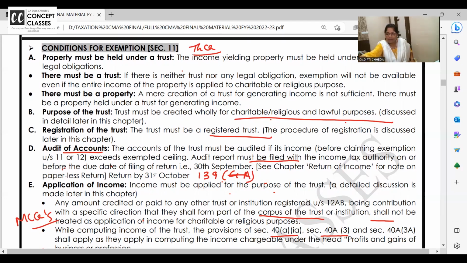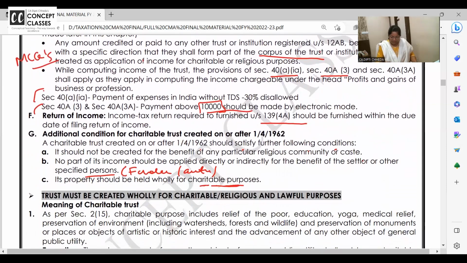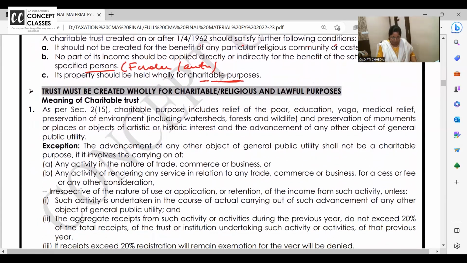Read it, and then ask me. Okay. Yeah, we should discuss advancement wala objective also. I'll come to that.